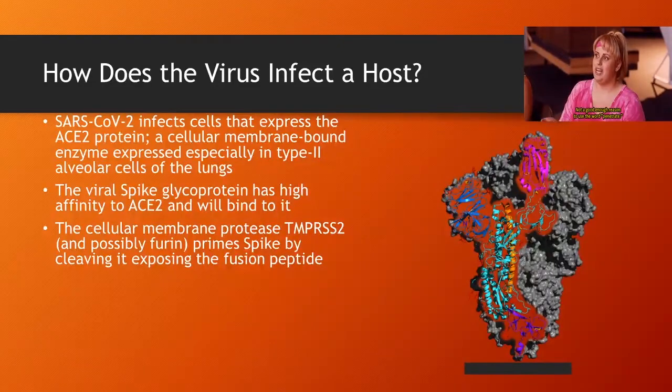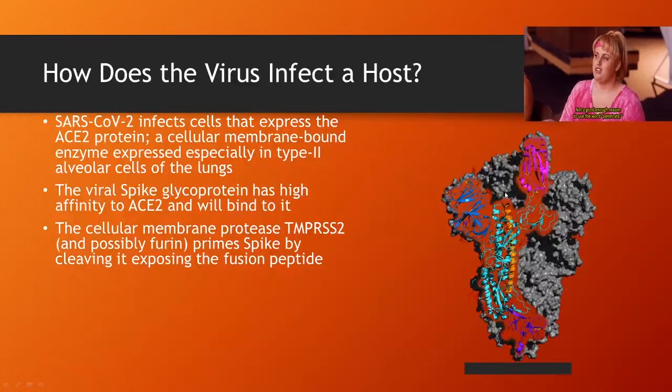Now, another enzyme that is very important is the cellular membrane protease TMPRSS2. It primes the spike by cleaving it, exposing the fusion peptide. This is actually a diagram right here. So yeah, this is the spike protein right here. This is the segment that actually binds to ACE2.